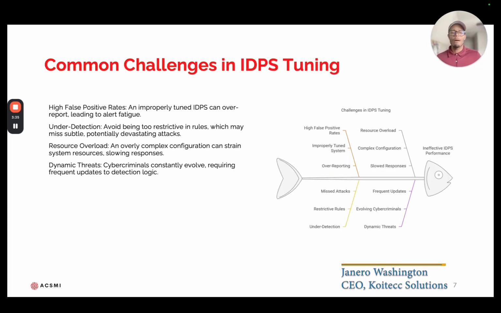Now, some of the common challenges though, when it comes to IDPS tuning, think about your high false positive rate. That is an actual thing, right? And improperly tuning it or over tuning it can actually lead to false positives. It can overdo it, right? Alert fatigue, too many alerts. That actual analyst is going to have way too many alerts to be looking at all at one time.